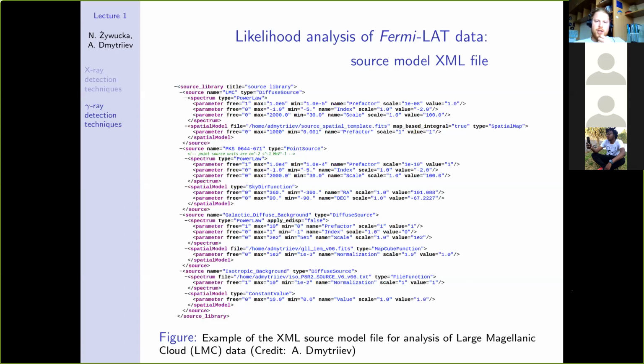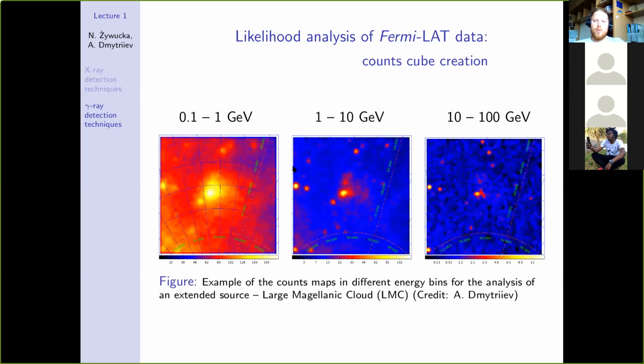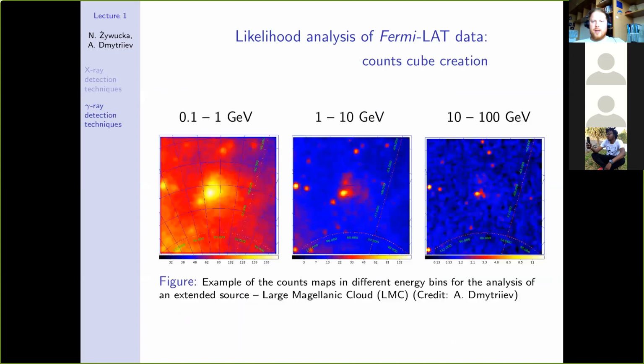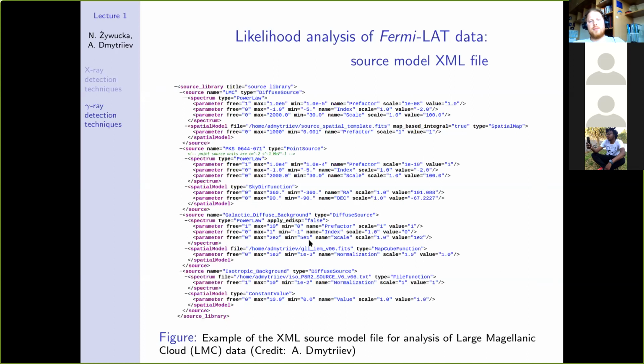So this is the expression of our composite model for our source, the Large Magellanic Cloud, plus other sources in the vicinity. With this model, we try to reproduce the observed data, or more precisely, we compute the likelihood of getting the data we see under the given parameters.